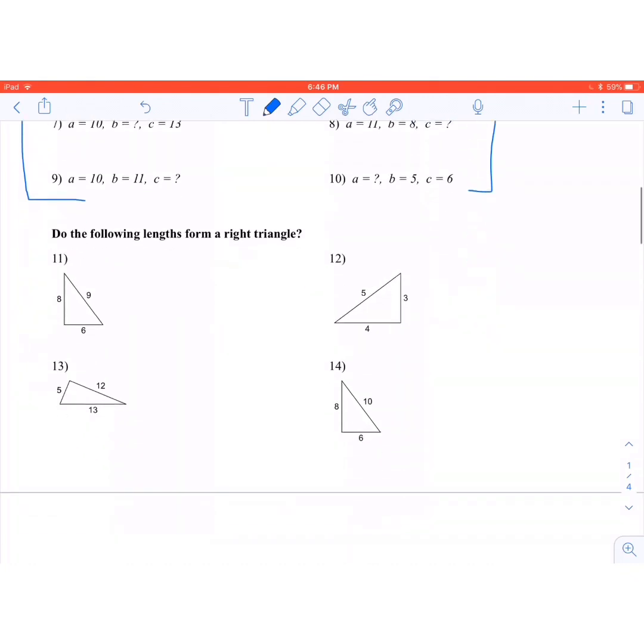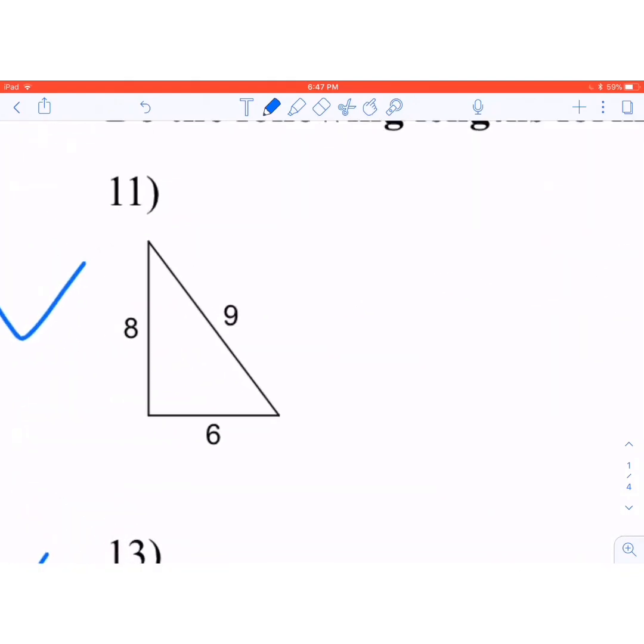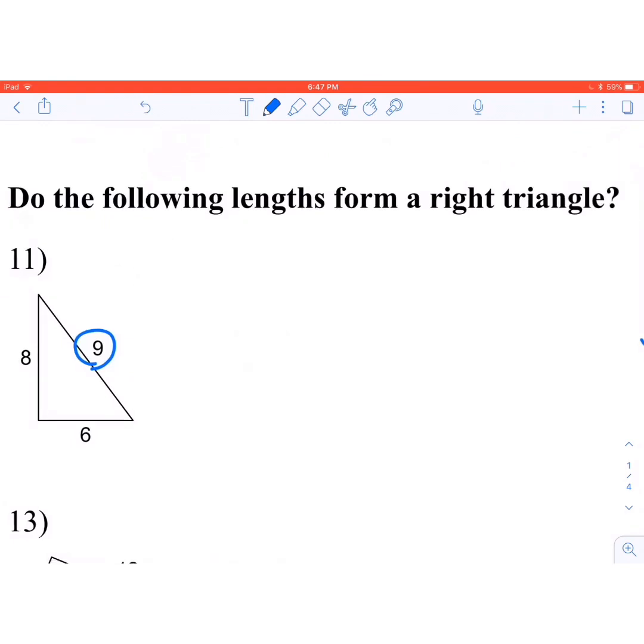Number 11. Do the following lengths form a right triangle? For us to say that yes, these are right triangles, we should be able to say a squared plus b squared is c squared. So we're going to check that. For number 11, the hypotenuse is 9 because the longest side is always the hypotenuse for right triangles.